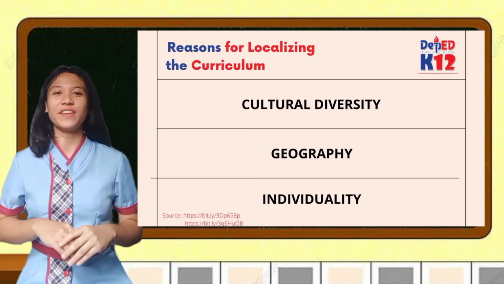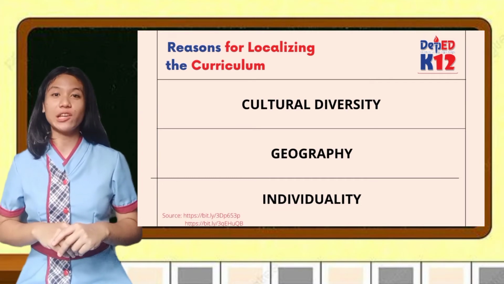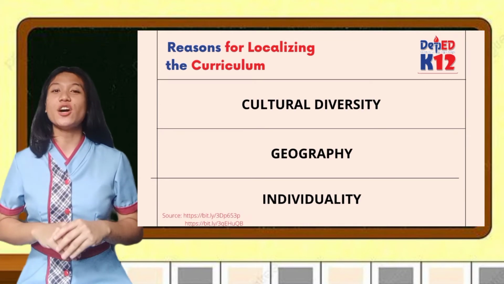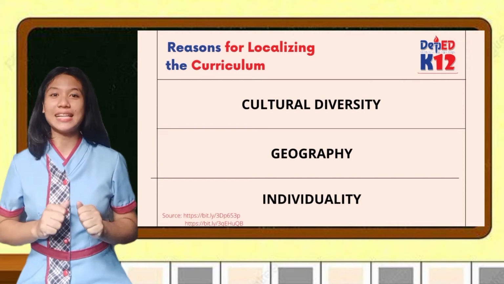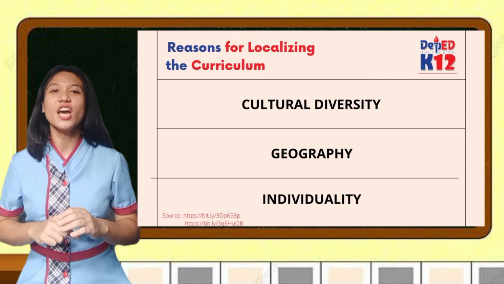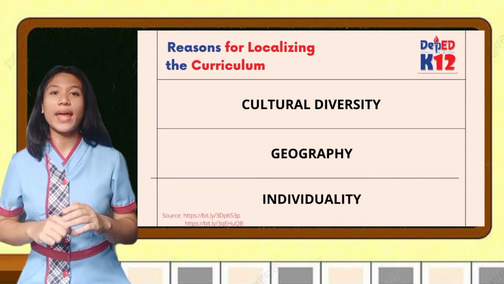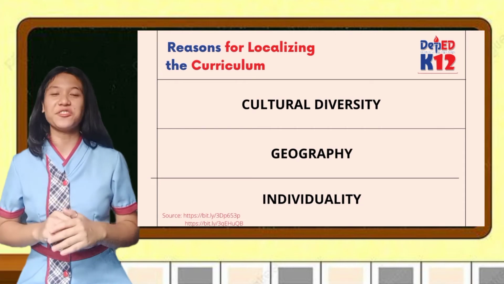Next is geography. The learning environment is also considered in localizing the curriculum in order to know the needs of the learners. Teachers make adjustments in their learning materials as well as contents to address the diversity needs of the learners in a way of providing relevant materials present in the community.